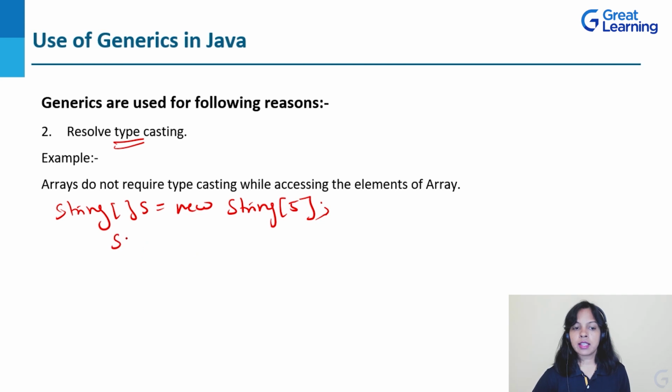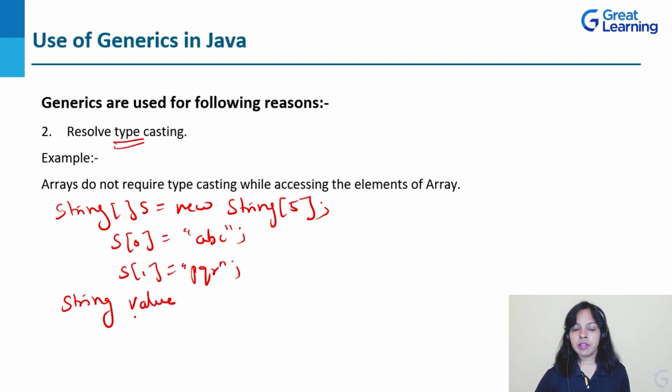In this I have added ABC at the 0th index and PQR at the first index. Now if I want to access it, suppose there is another variable of type string, named value, and I want to store the value of S of 1 into this value.